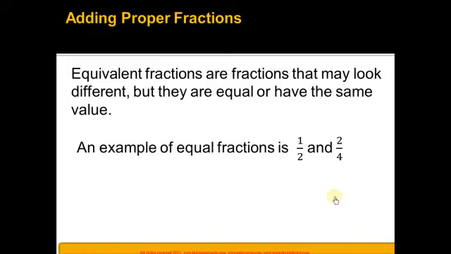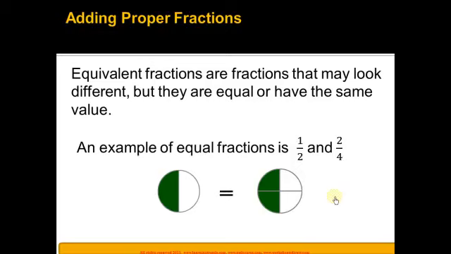And let's take a look at this example. If you had a pizza and evenly divided it into 2 pieces and then ate 1 piece, it would be the same as if you had a pizza of the same size and equally divided it into 4 pieces and then ate 2 of the slices. You would have eaten the same amount. So you can see that 1/2 is equal to 2/4.